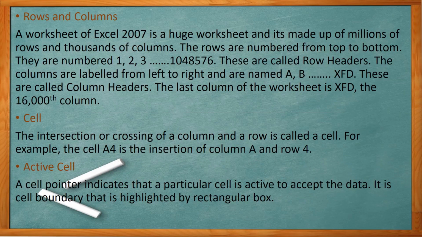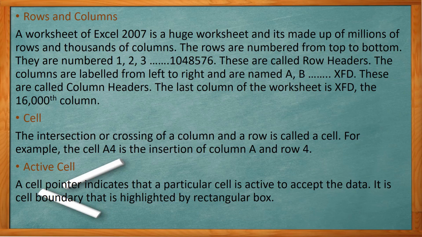Rows and columns. A worksheet of Excel 2007 is a huge worksheet and it is made up of millions of rows and thousands of columns. The rows are numbered from top to bottom. They are numbered 1, 2, 3 to 10,48,576.